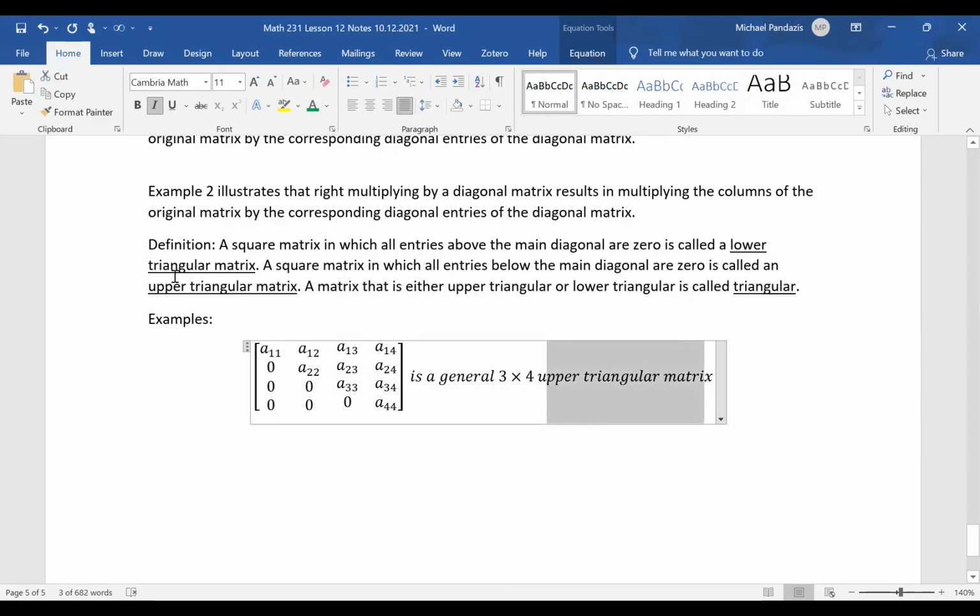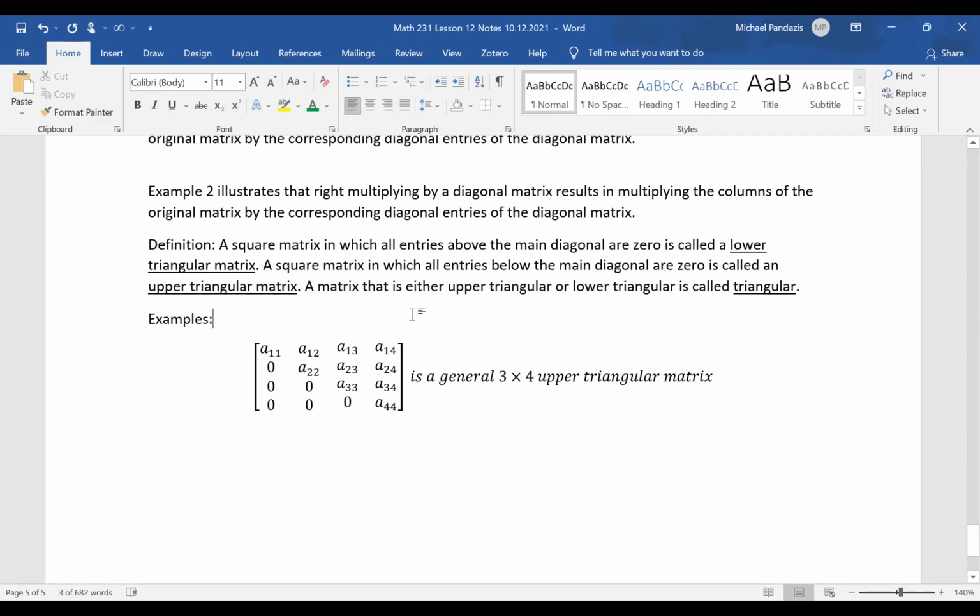An upper triangular matrix is a square matrix in which all entries below the main diagonal are 0. All entries below the main diagonal are 0 to be upper triangular, right? So this is a general 4x4 upper triangular matrix. It's 4x4, 4 rows and 4 columns.